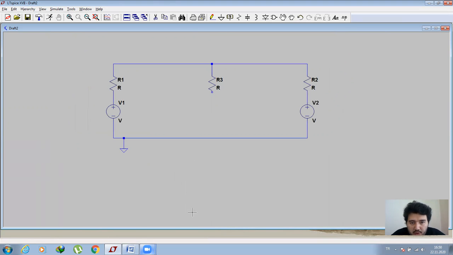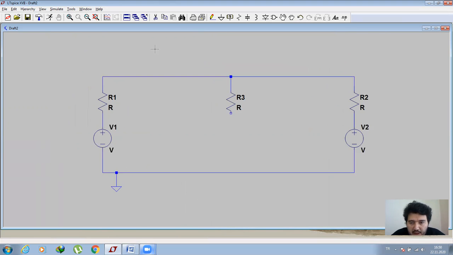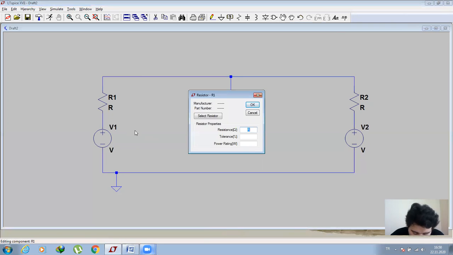In the Norton circuit, I am also assigning random values different from your experiment sheets. Please be careful. Don't write my randomly selected values in your reports. Please read your experiment sheet and use the values on the experiment sheet. So I'm assigning here 700 ohm.